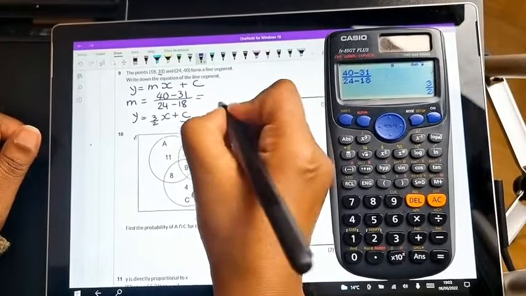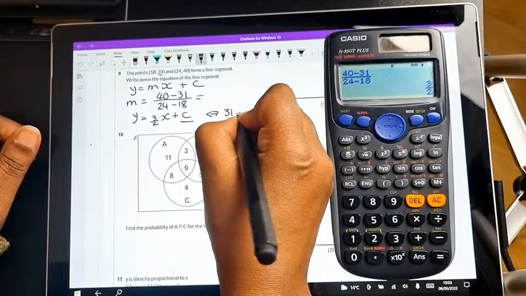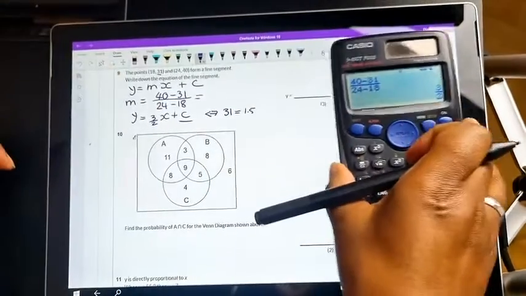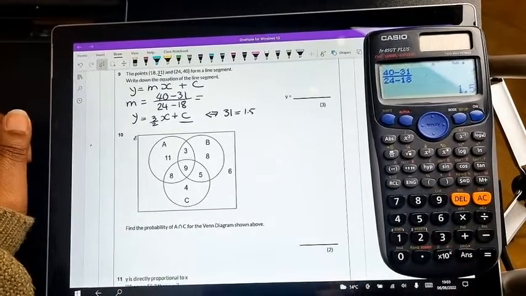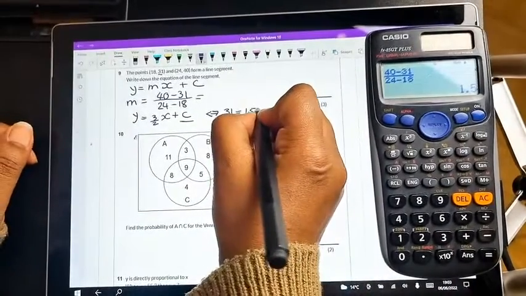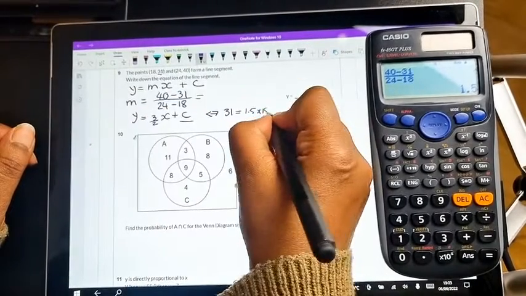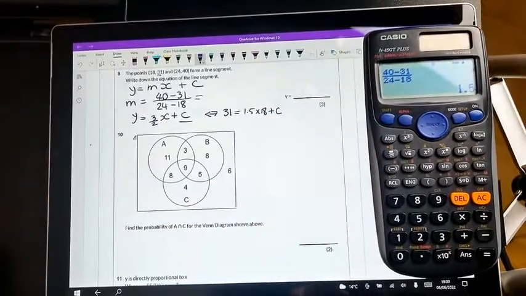Therefore, we're dealing with 31 is equal to 1.5, or 3/2, which is the same thing. Remember, if you press the SD button, it gives you the decimal. Times by the value of x, which is 18, plus c. So we can find the answer by rearranging.